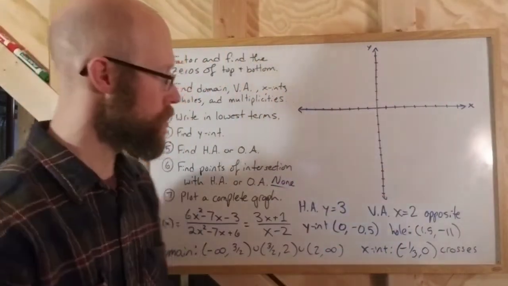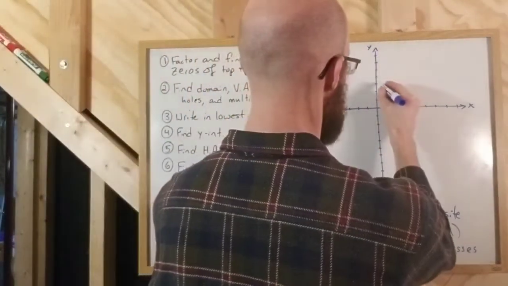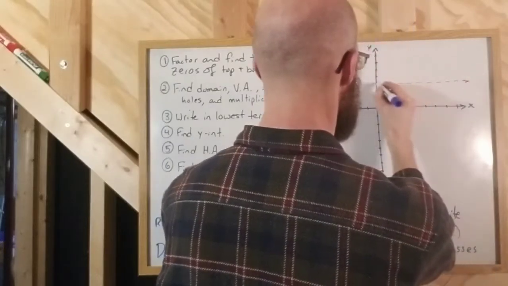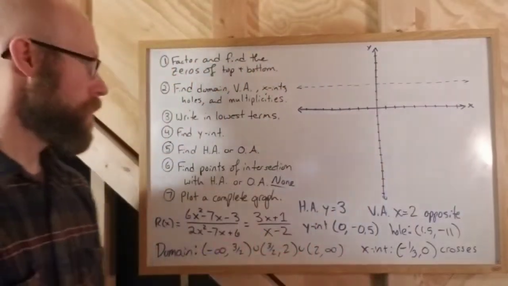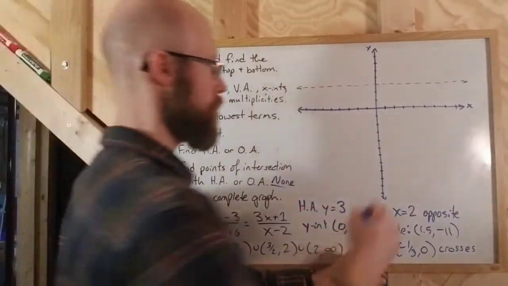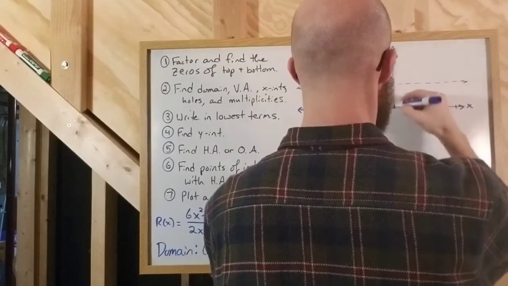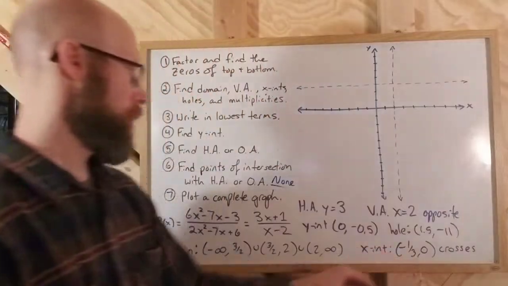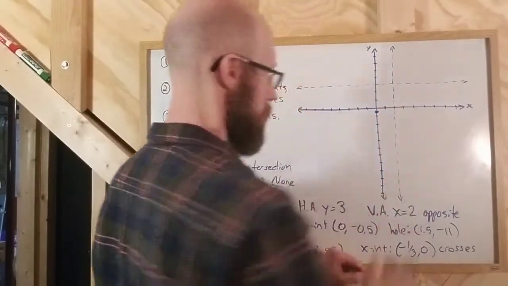Okay. And so now I got to plot this stuff. So horizontal asymptote is up at 3. Okay. I've got a vertical asymptote at 2. I've got a y-intercept at negative 0.5, so there's my y-intercept.